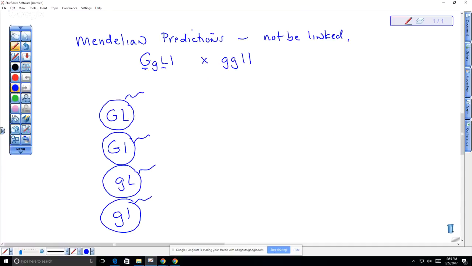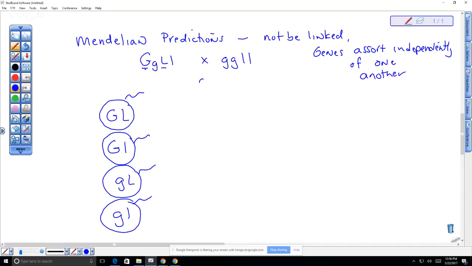And he predicted that genes assort independently of one another. Okay, so that's sometimes called independent assortment. So that means they would all get an equal probability of coming together in the gametes, right? And so this one's really easy.